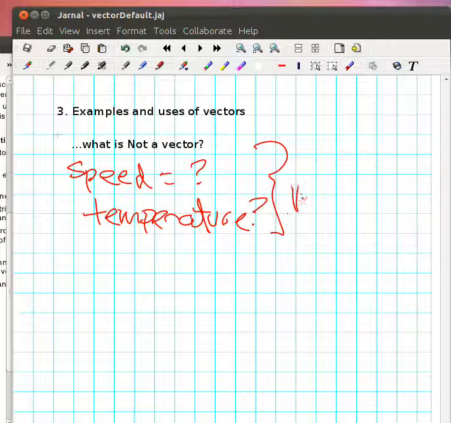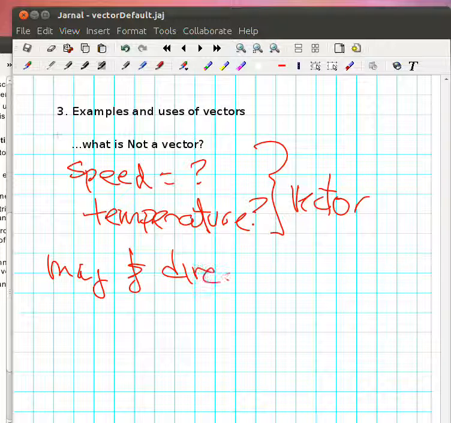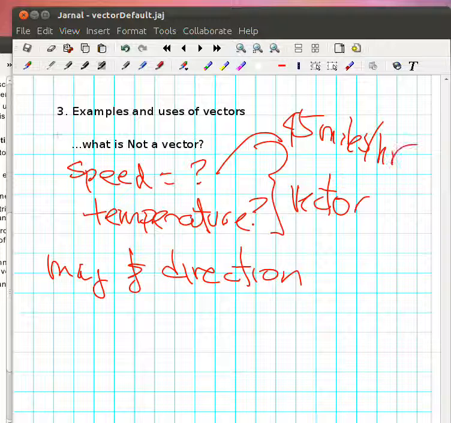Now, remember, vectors have to have a magnitude and a direction. Clearly speed you can say is like 45 miles per hour, and that only has a magnitude. Remember, we said magnitude was length. Here we can represent the length of the arrow with a 45, but it doesn't have a direction. What about the temperature?